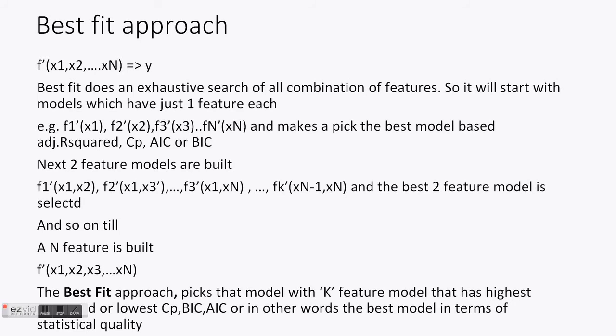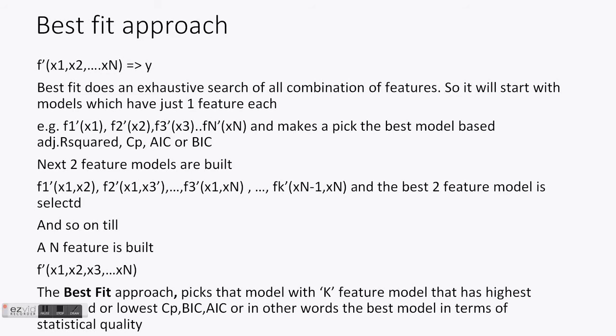It will first create separate models with single features and compute the statistical measures. Whenever I say statistical measures, I mean the adjusted R-square, BIC, Cp, or AIC. Then it will take a combination of 2 features, again compute the statistical measures, then a combination of three features, and so on for all the n features.